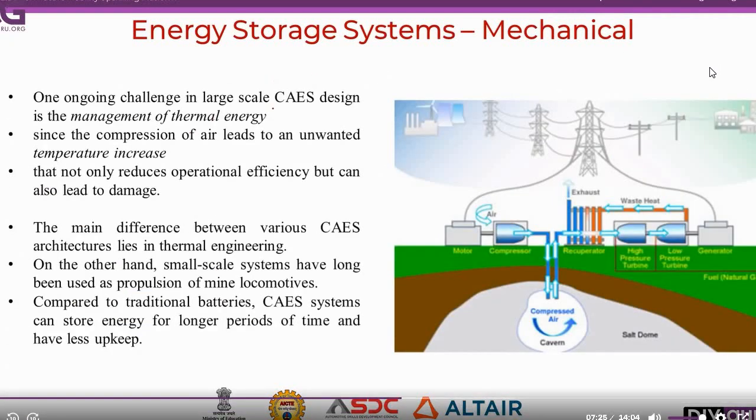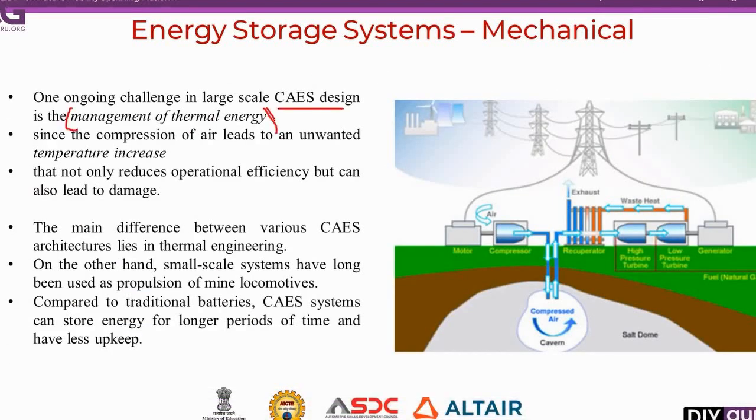The major challenge of this CAES design is the management of thermal energy, because of the compressed air, the temperature gradually increases, which may reduce the overall operating efficiency of the system. This diagram shows the clear picture of this. Again, the power is given to the grid connected system during the peak load condition.